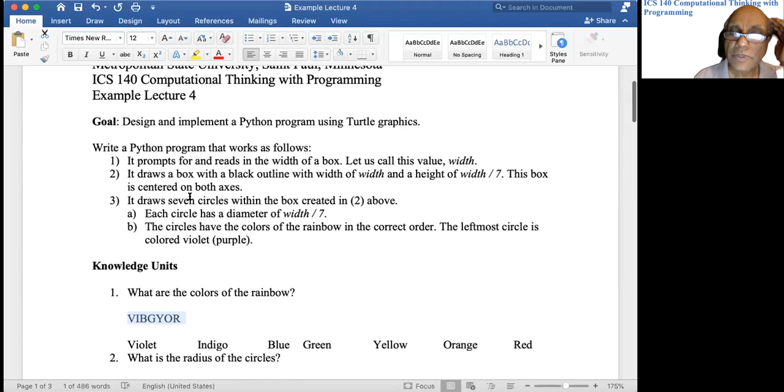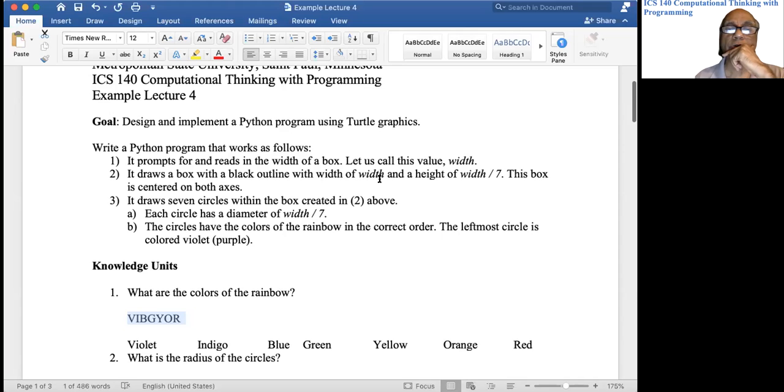Among the other things here, this is the biggest general knowledge item that I need to have. Then I have other knowledge units. One is related to the problem: what is the radius of a circle? All circles have to have the same radius.